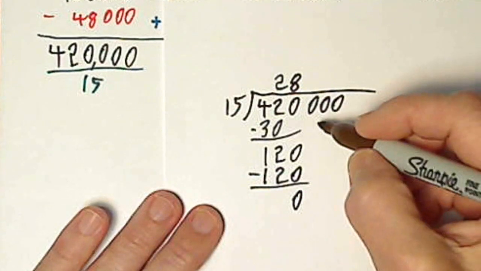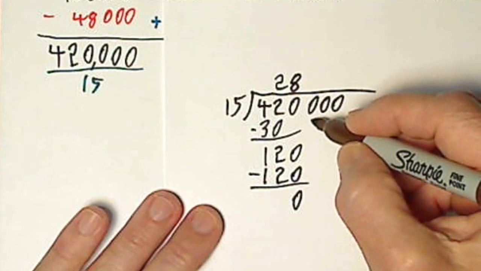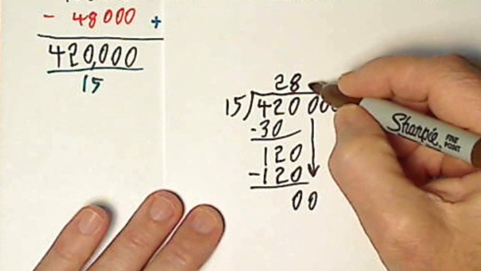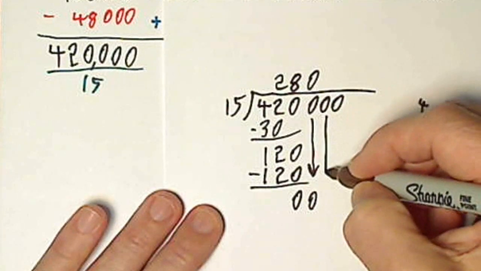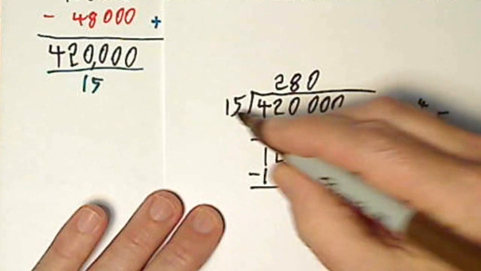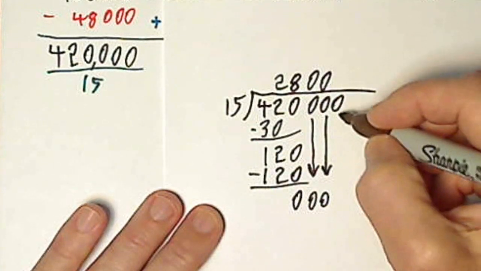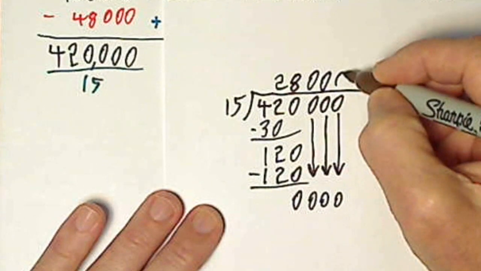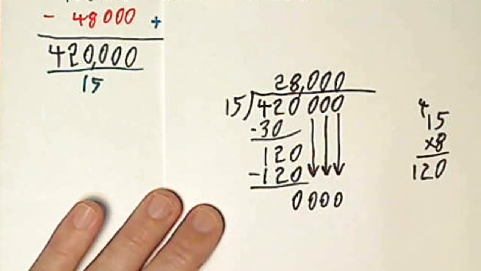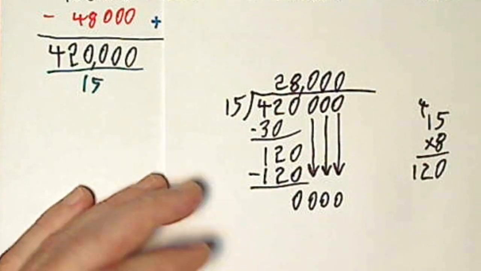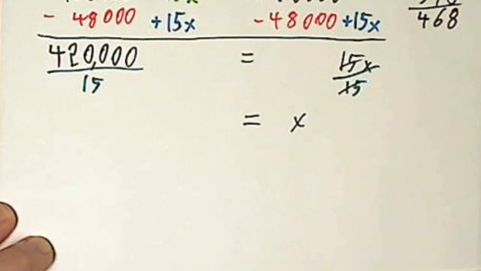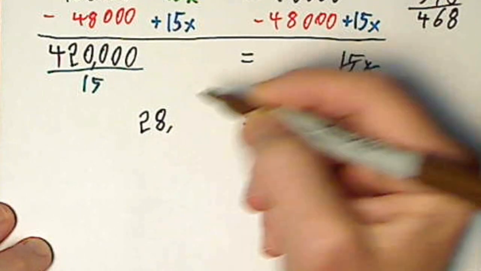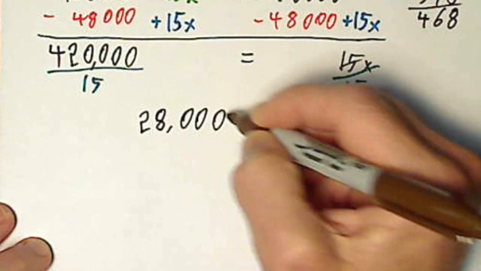But be careful, you have to use up all of the zeros. 15 goes into 0, 0 times. 15 goes into 0, 0 times. 15 goes into 0, 0 times. So we ended up with 28,000. Okay? So x is equal to 28,000.